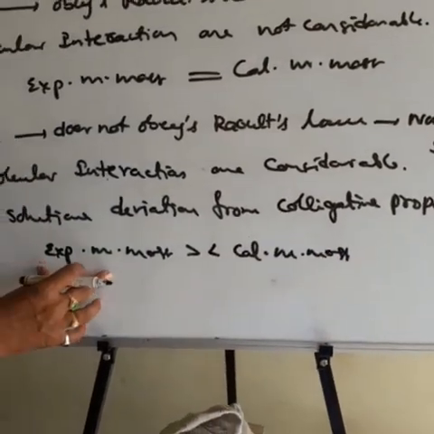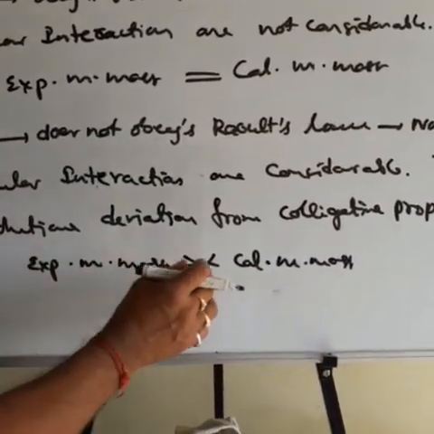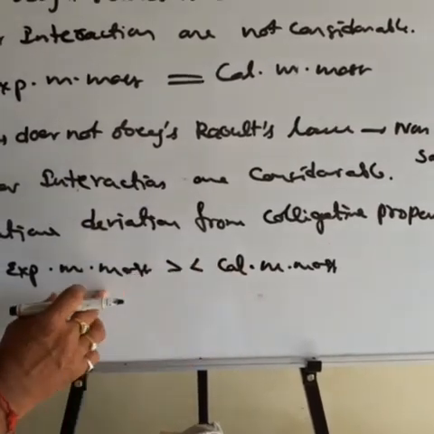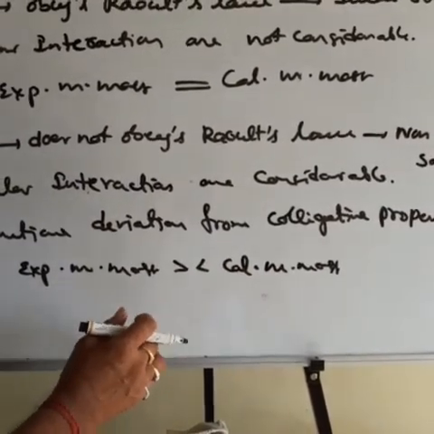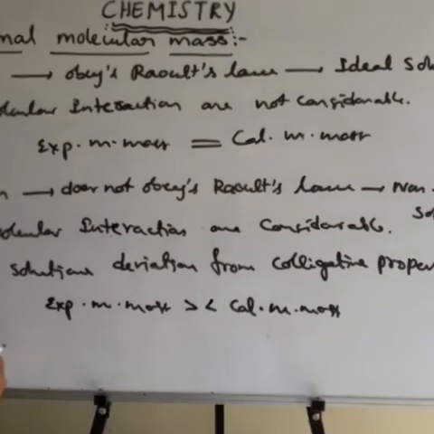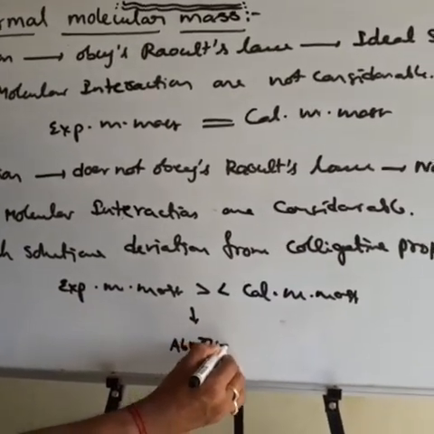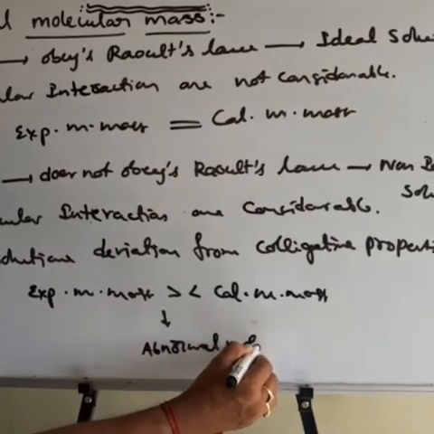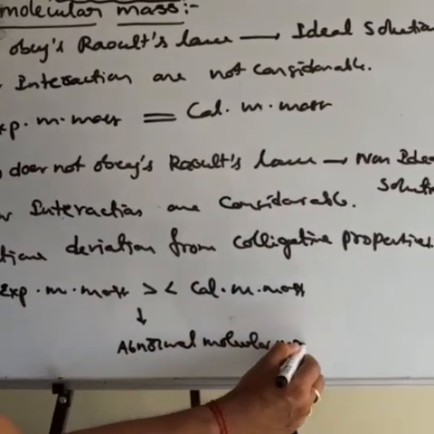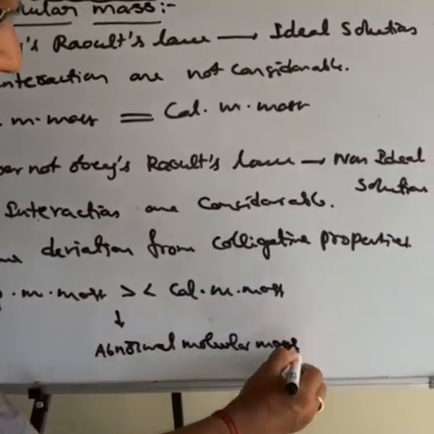That means the experimental molecular mass may be higher than the calculated molecular mass, or it may be lower. That is called abnormal molecular mass. Do you understand what I say?